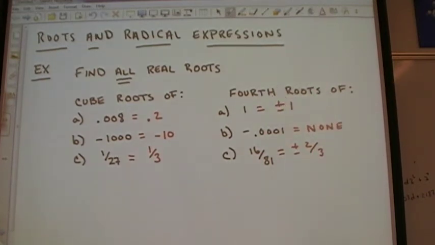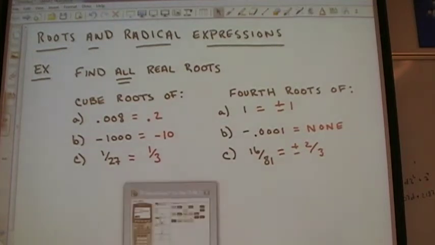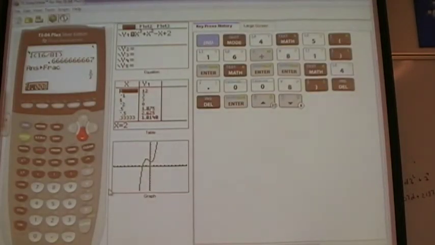All right, now let me show you on your calculator how to do fourth root. We'll do the fourth root of 16 over 81. I had it up here a second ago. There it is. But to get that fourth root button, you hit math. Or actually, no, sorry. Before you hit math, let me clear this out.